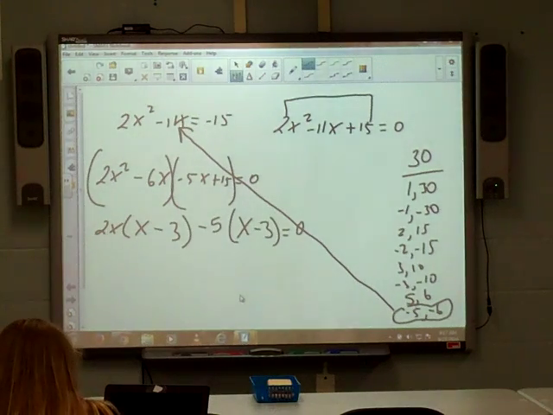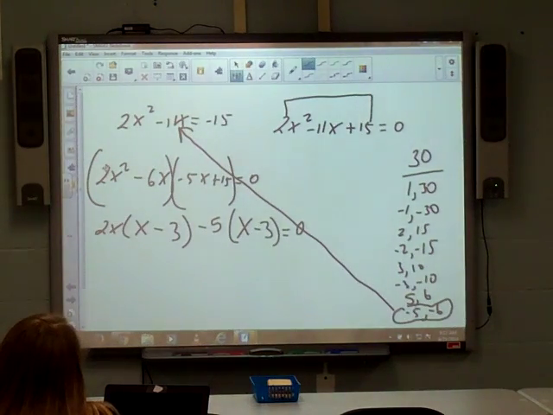I'm looking for where you got the x minus 3 in the first part. I know you divided by 2. So I divided by 2x. 2 divided by 2 is 1. X squared divided by x is x. 6 divided by 2 is 3. X divided by x is gone. It's 1.